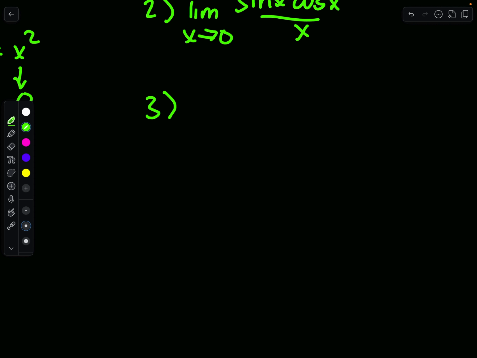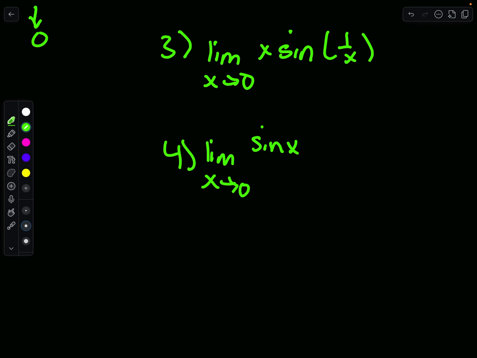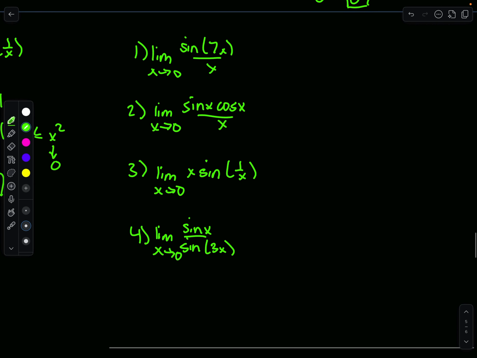Number 3 is the limit as x goes to 0 of x sine 1 over x. And last one, the limit as x goes to 0 of sine x over sine 3x. So pause the video, go through these on your own, and when you're ready, we'll go through them together.